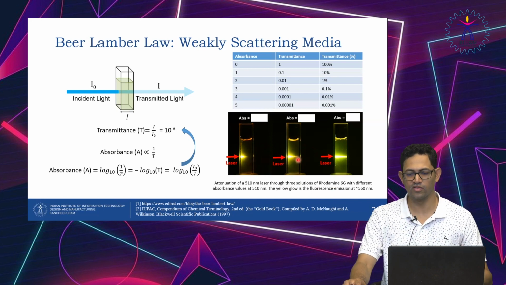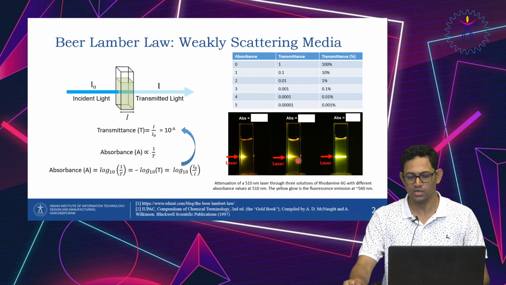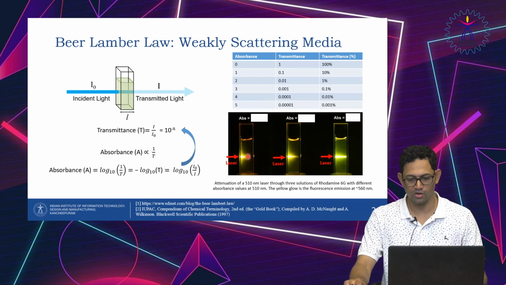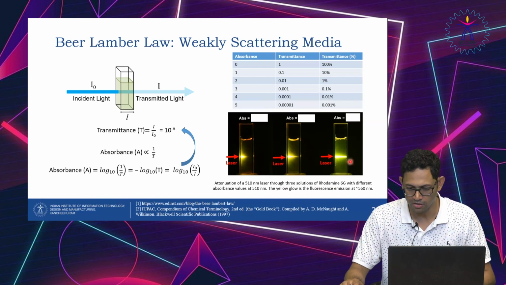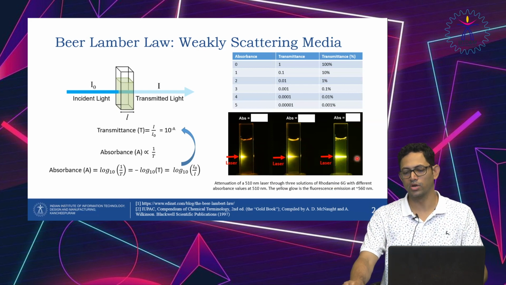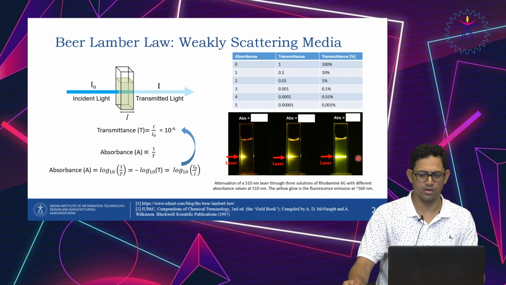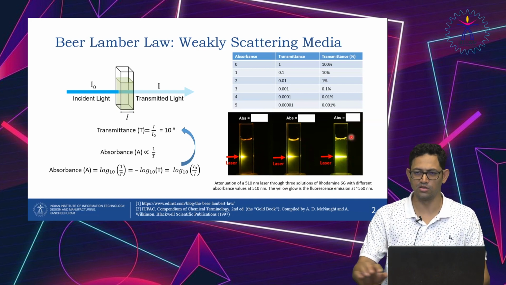In the second case it's still able to propagate somewhat, but you can also see that the light is getting diffused sideways. In the third one the light is able to propagate through this dye within the cuvette, and you can quantify the values of absorption.